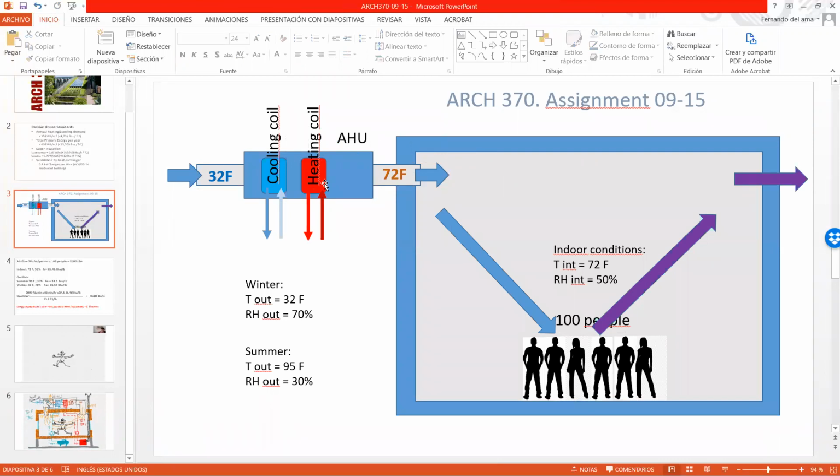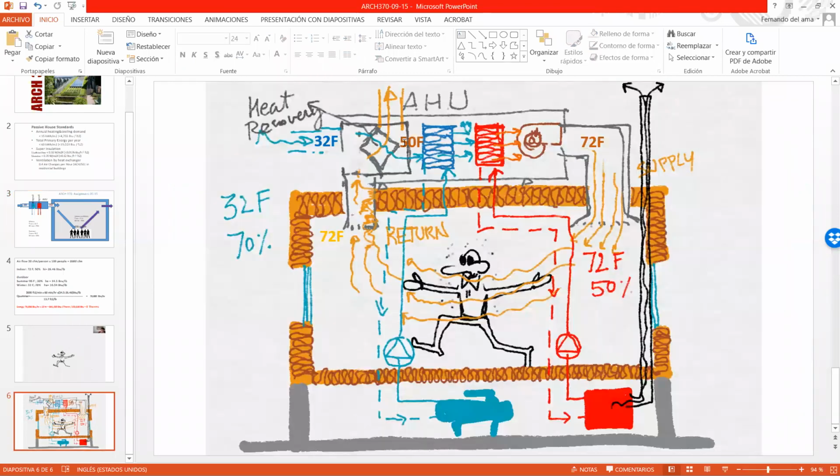So all this heating coil was heating up all this airflow from this temperature to that temperature. Here we have the heat recovery. So the heat recovery helps us increase the air temperature, and those are the energy savings. Okay. So this is the theory.